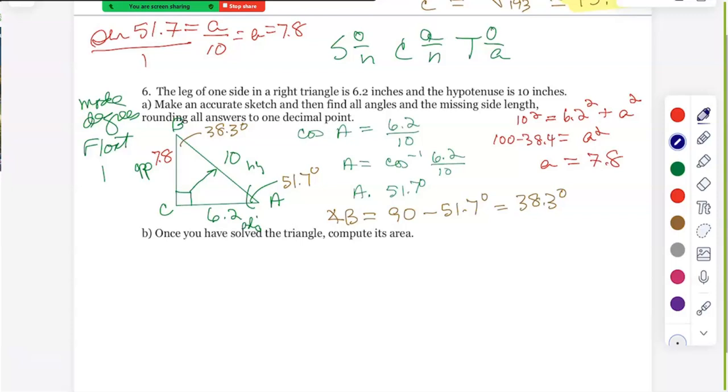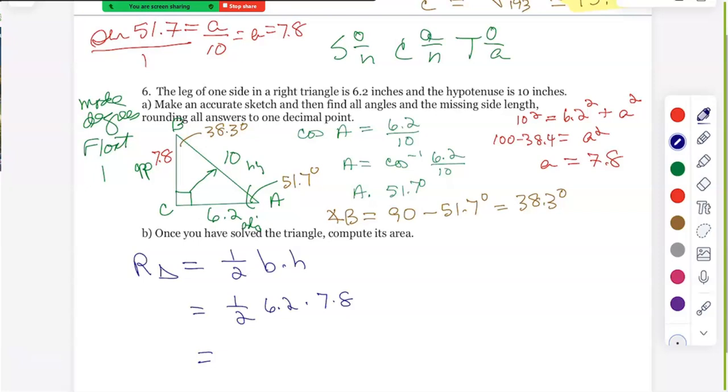It says, once you have solved the triangle, compute the area. Well, this is a right triangle, so I can say 1/2 base times height is my area. My base is 6.2, and my height is 7.8.